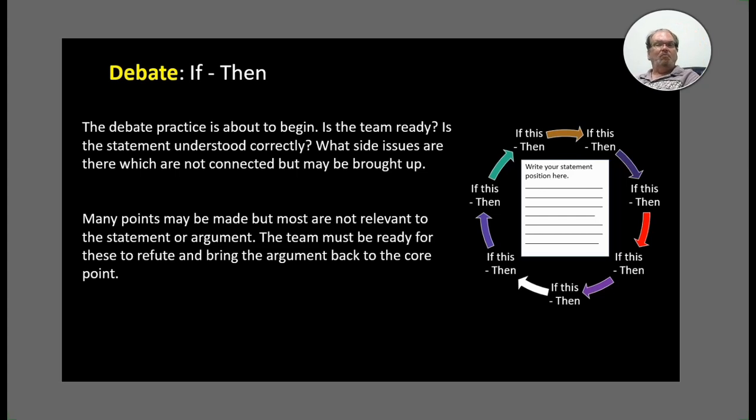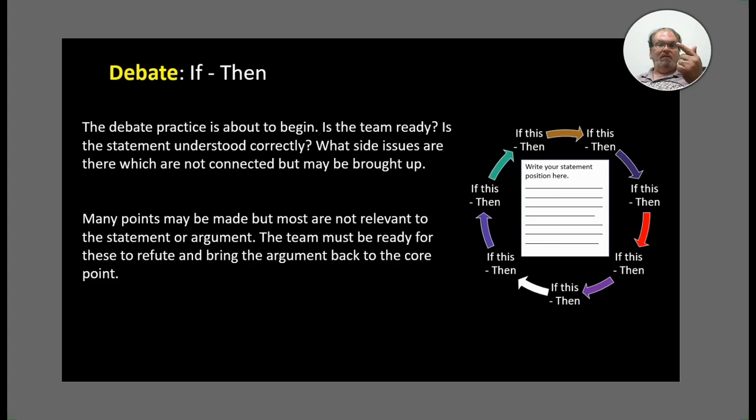Just practice and say, are these arguments focused on the statement? Is that how we understand it? You have all that information. Now you have to focus really hard on that statement to defend it or oppose it. So that's what this if-then is all about. It's practicing your arguments very quickly.